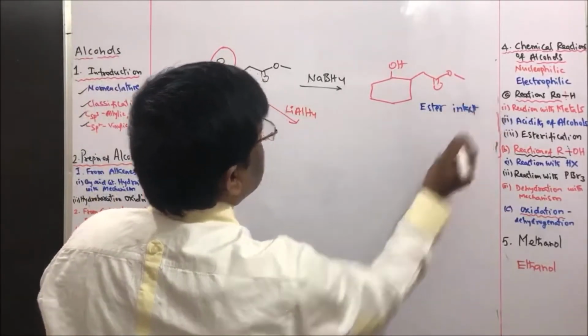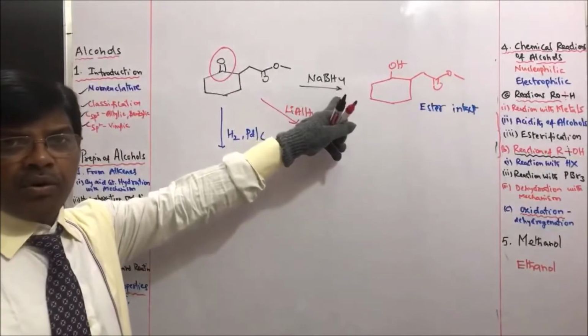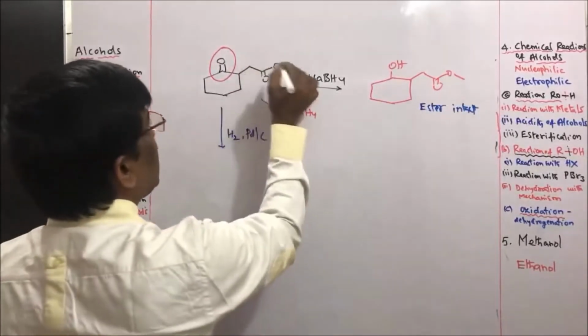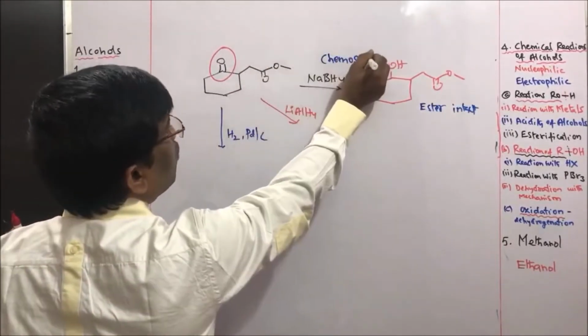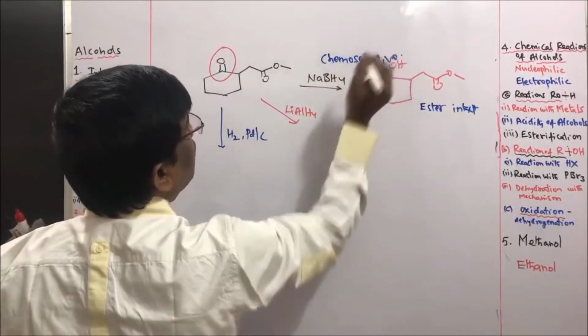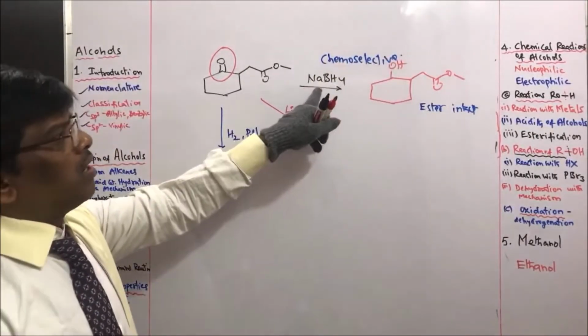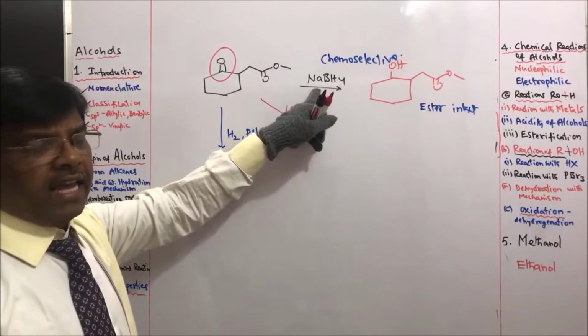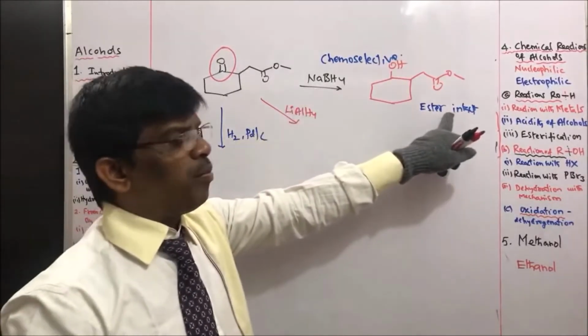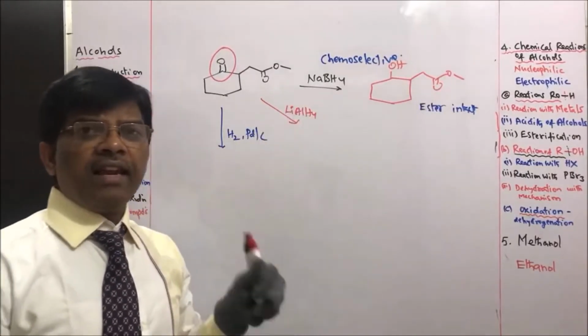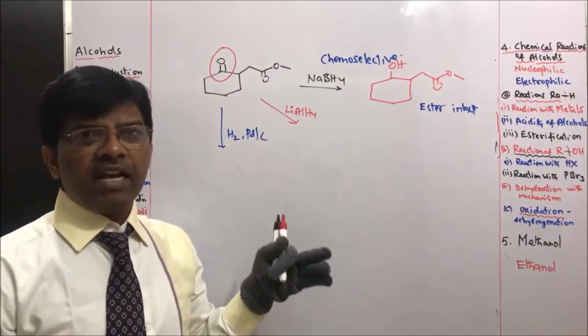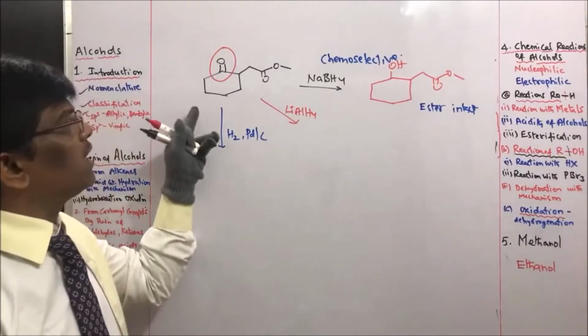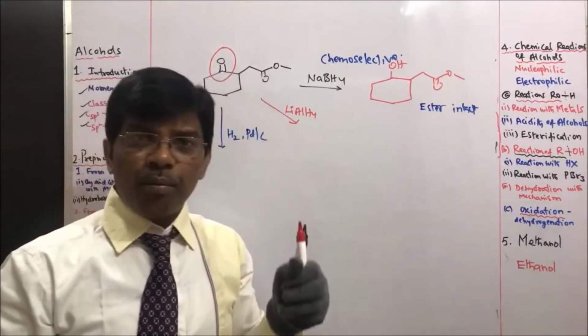This selective reduction is known as chemoselective reduction. Reduction of carbonyl compounds by sodium borohydride takes place, whereas the ester group is intact. Do you know any other name reaction where you can chemoselectively reduce only carbonyl compounds?